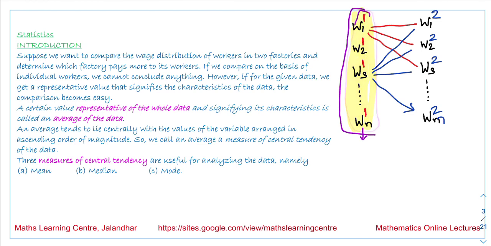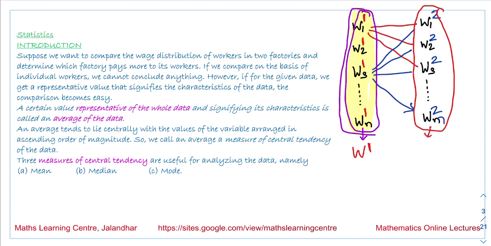To all these wages we assign a number. Say we have assigned W1 to all these numbers. Similarly to the wages of the workers of the second factory, we are assigning a number, W2. These two numbers W1 and W2 are called the averages.